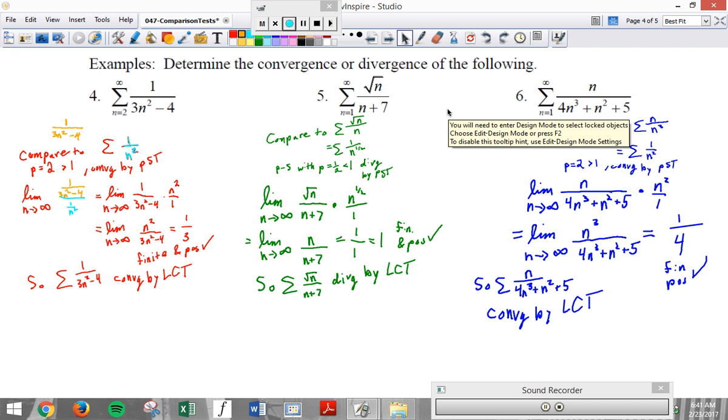So now you've seen the basics for the direct comparison test and the limit comparison test. Those are two that are called the comparison tests, plural. I would practice some problems. The next lesson is a little bit harder than this, and also in some ways a little bit easier. But you should make sure you understand this. The limit comparison test is much more flexible and much more easy to use.